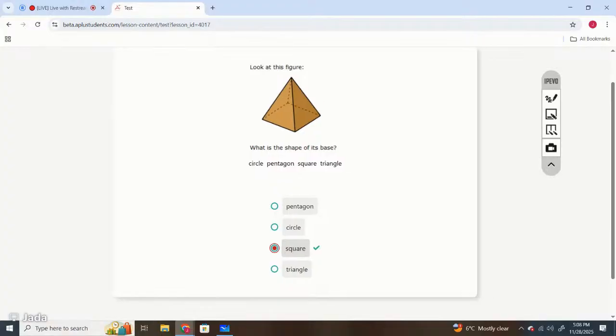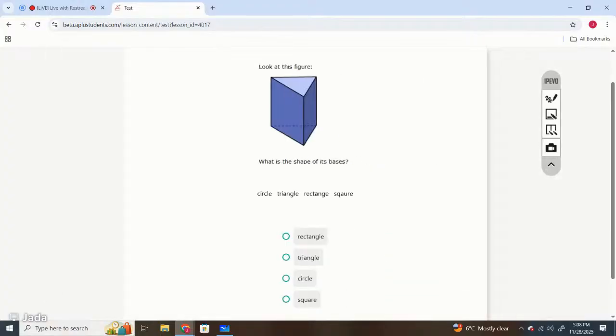The base is square. Look at this shape. What is the shape of its base? So the base of the shape is a triangle. The correct option is triangle. Option number 2 is the correct option.